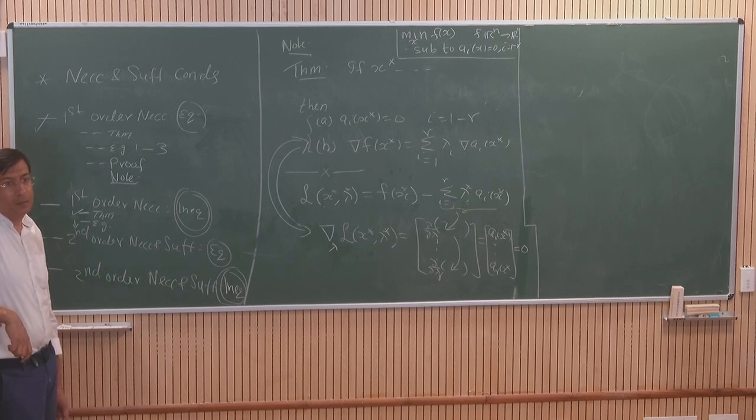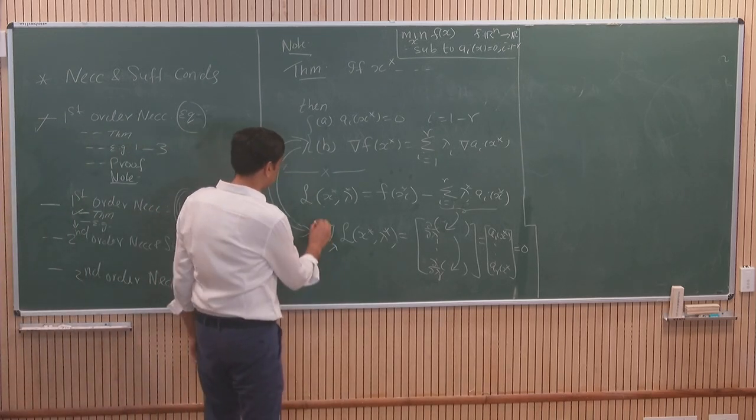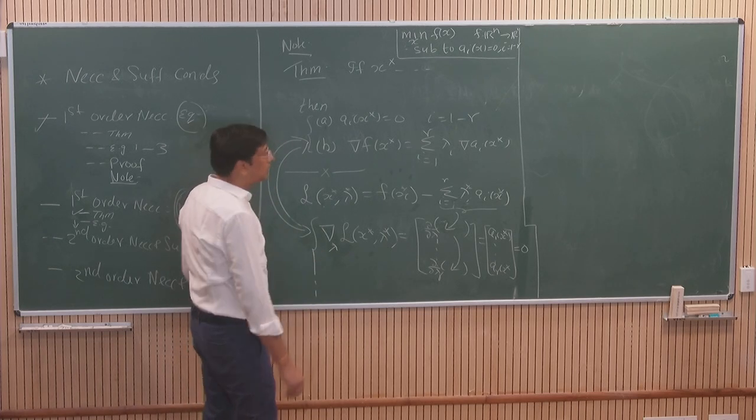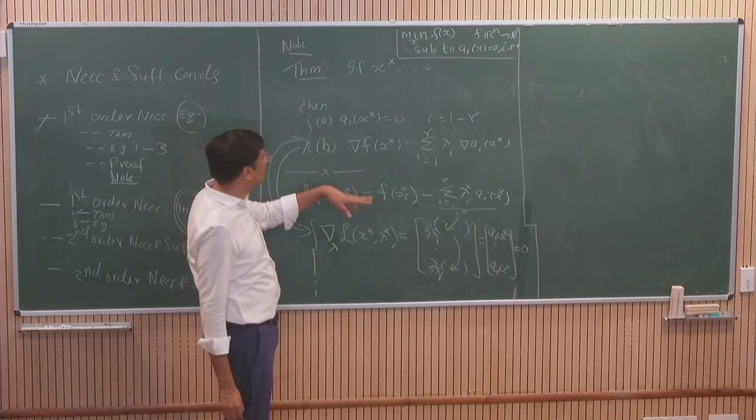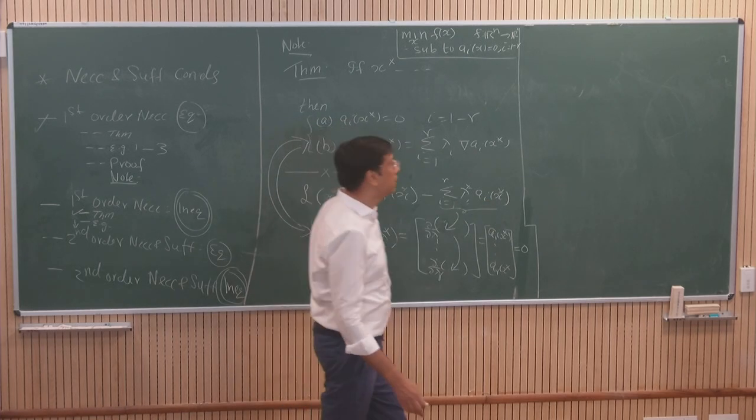Correct? Everybody with me? How can you get the second condition? With respect to x, correct? Because there is an x playing a role here and there is an x playing a role here, right?